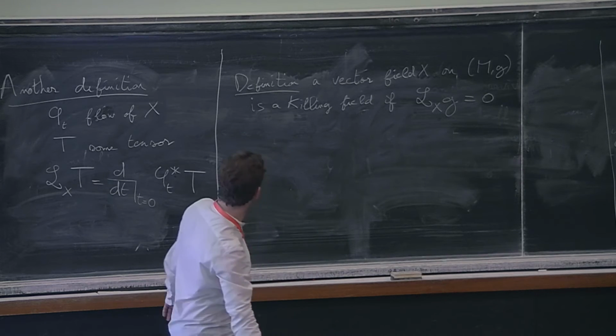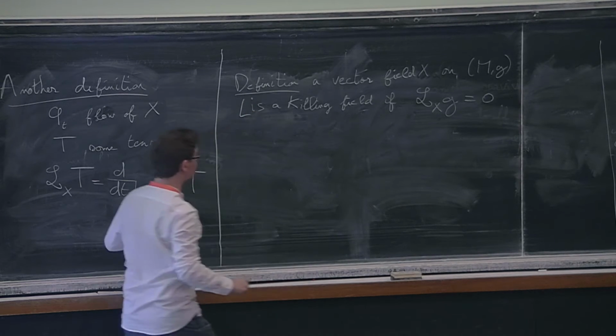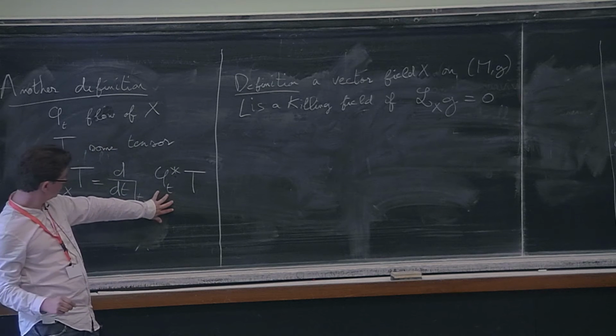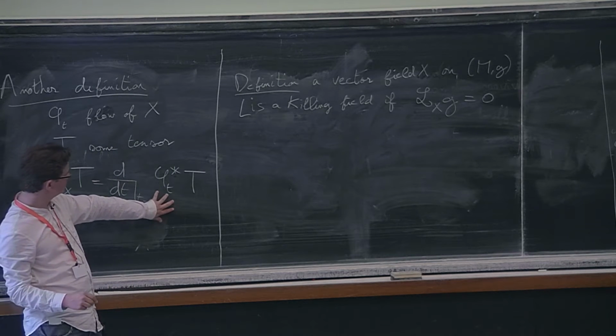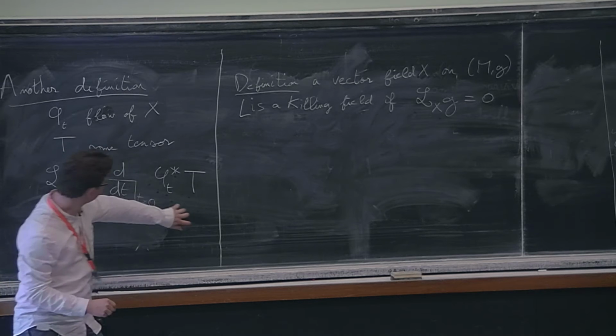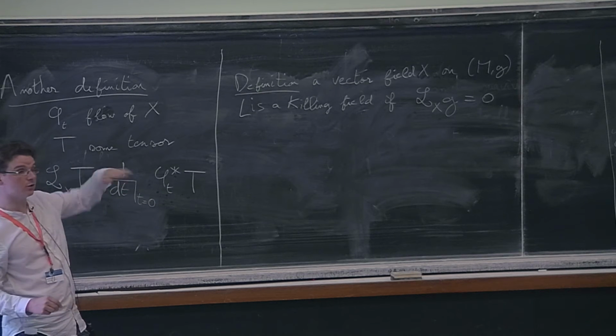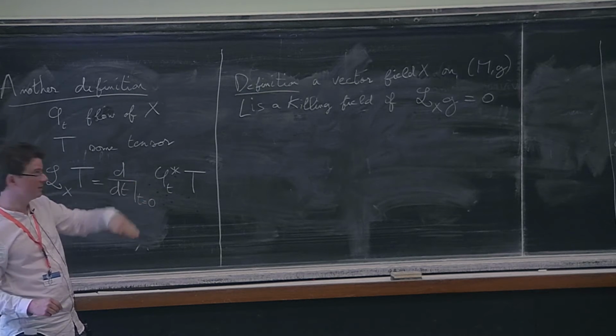So what does it tell you actually? So when you follow the flow of x and you act on the metric, you always get the same metric.